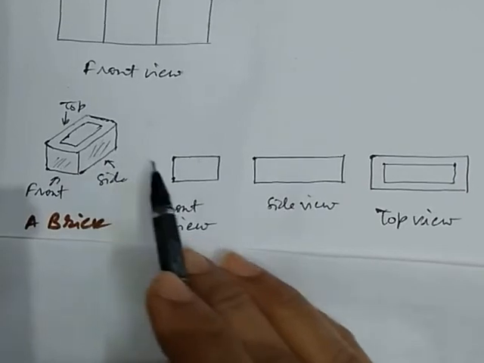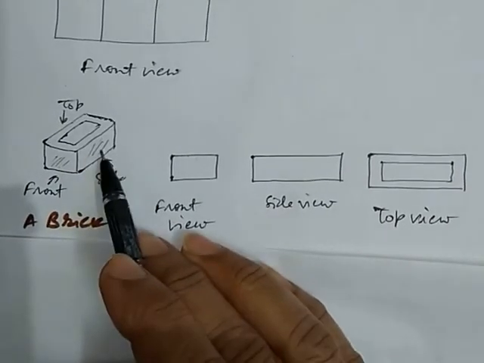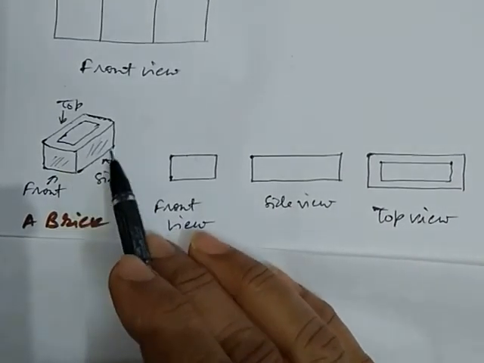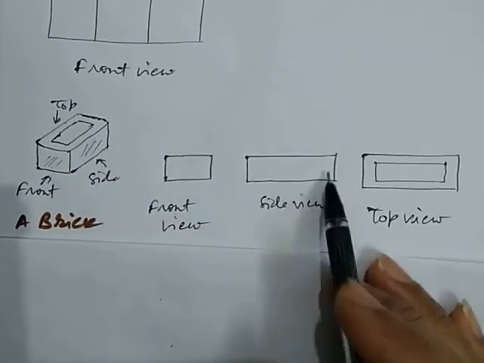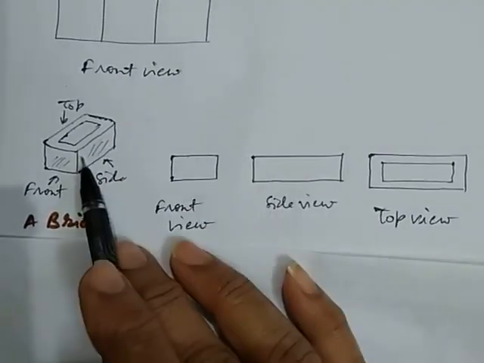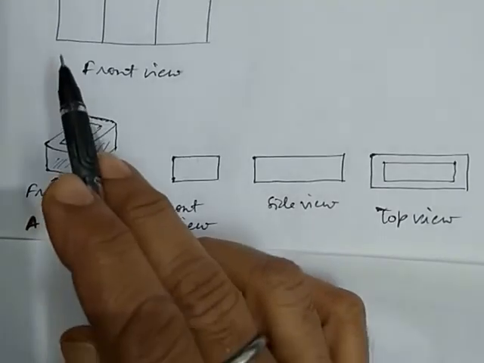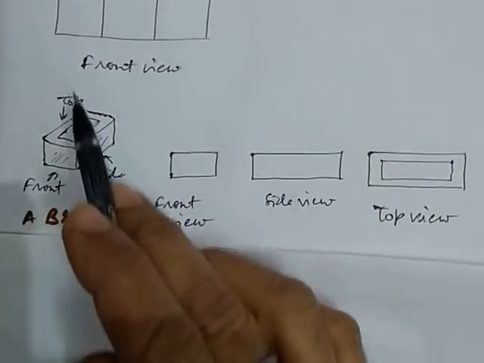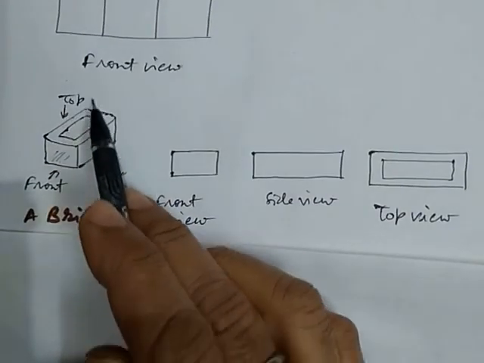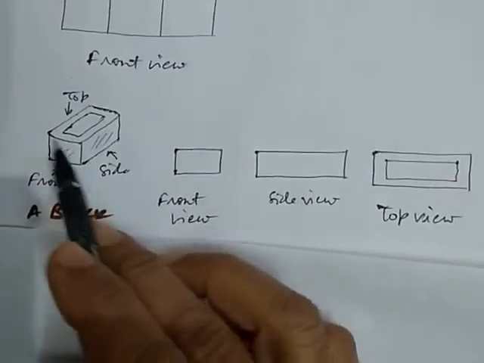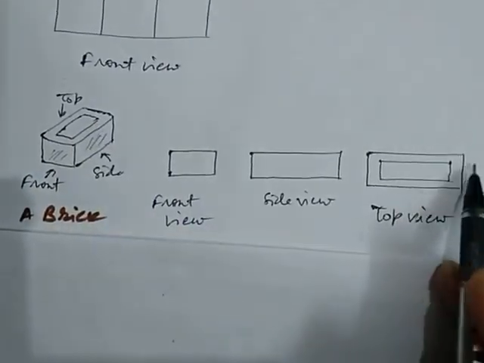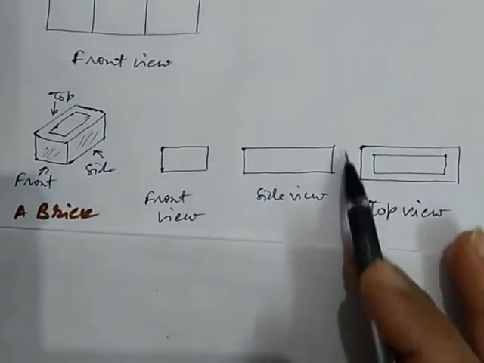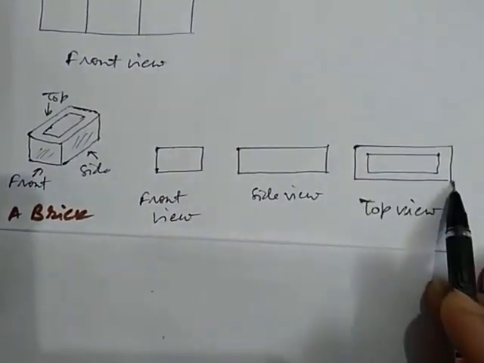But if we look at this brick from this side, only these 4 edges are visible. This is the side view of this brick. But if we look at the brick from the top, all these edges are visible. This is the top view of this brick.